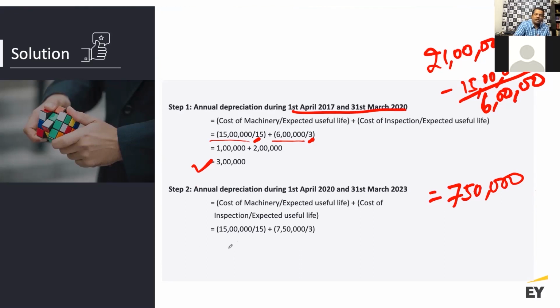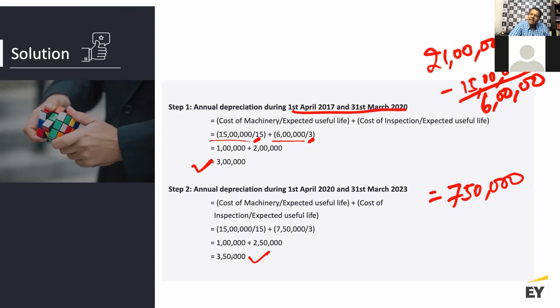So my depreciation now is 1 lakh plus 2,50,000, which is 3,50,000. My depreciation cost has increased from 3 lakh to 3,50,000. Why? Because the cost of inspection was higher than what I originally estimated, and hence my future depreciation cost is now higher than what I originally estimated.